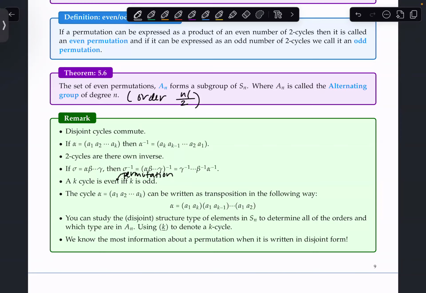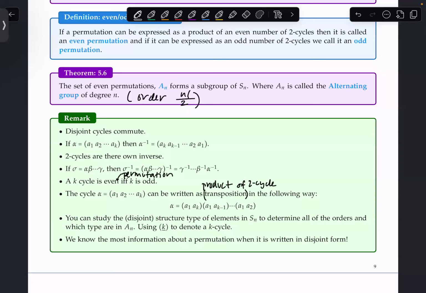Oh, and this is what I wrote up earlier. If I have just one K cycle, I can write it as a product of transpositions. We didn't use this word: a transposition is the same thing as a cycle of length two, so it's a product of two-cycles.